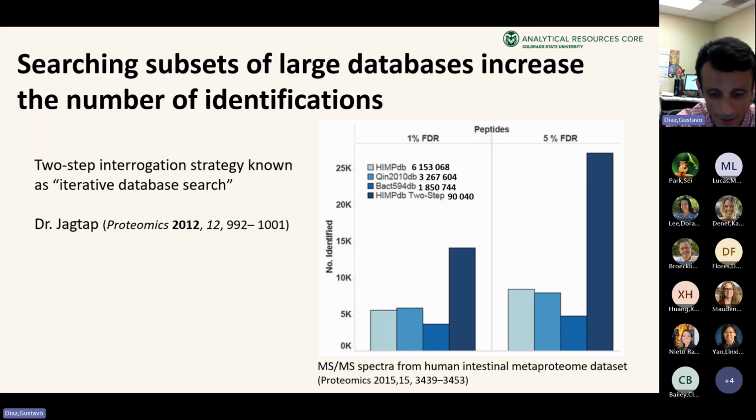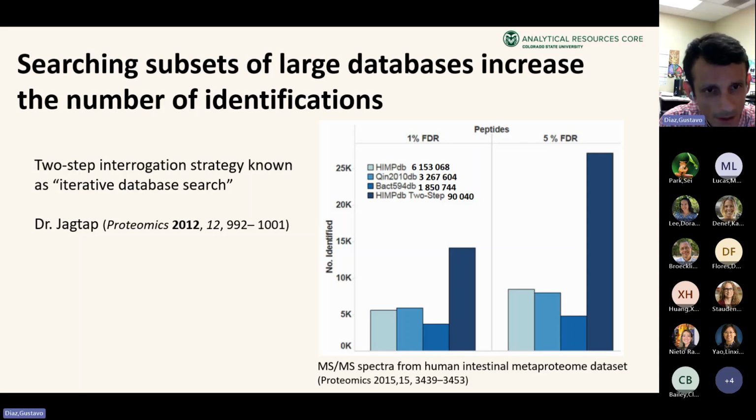With that small data set, they conducted a second search analysis in which they used a highly stringent false discovery rate.